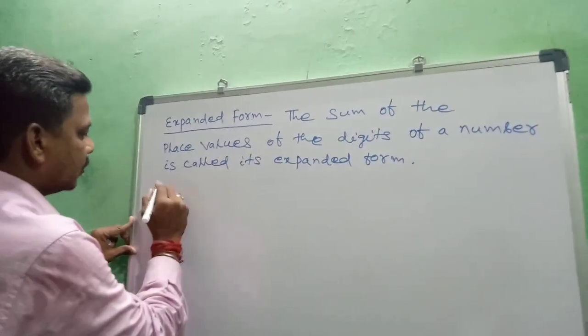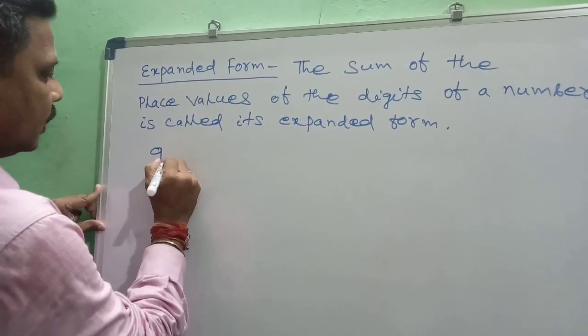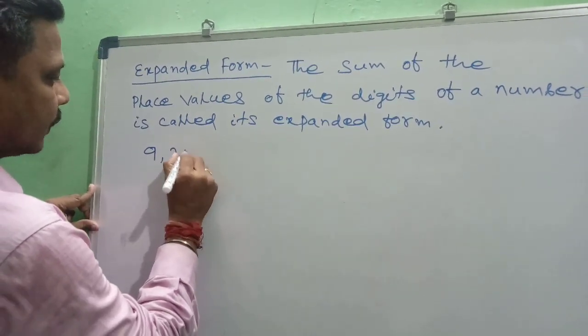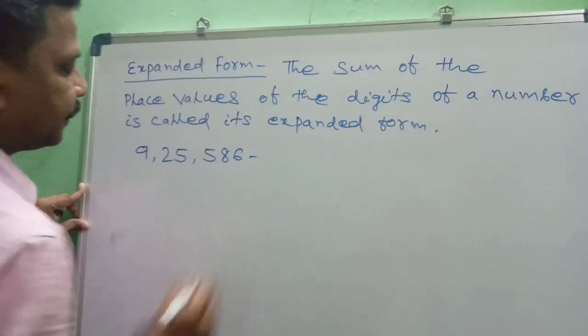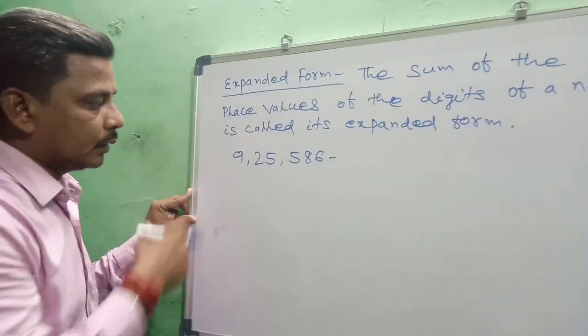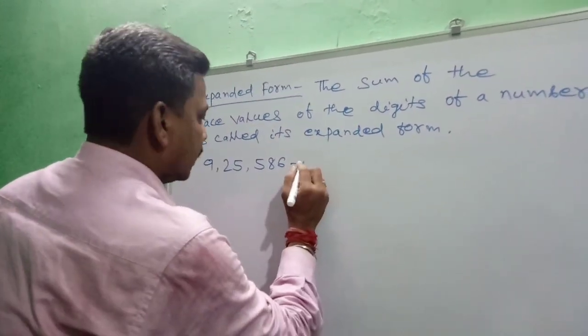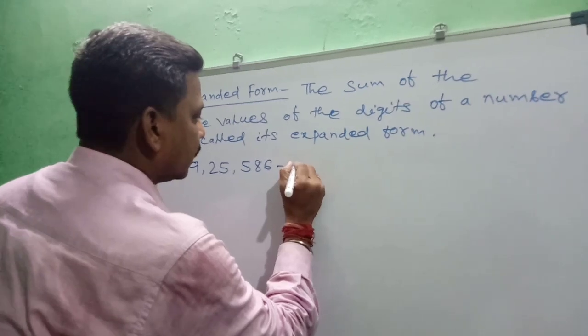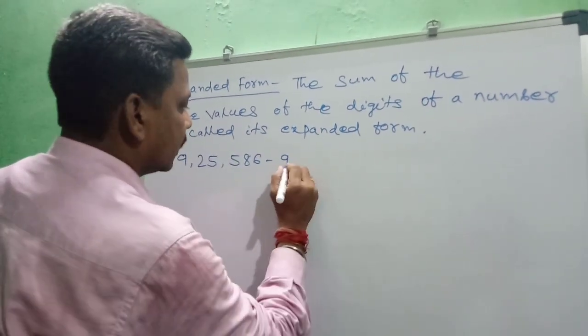For example, here I have written 9,25,586, and now we have to expand the number. Then we have to write it according to the place value of every digit.